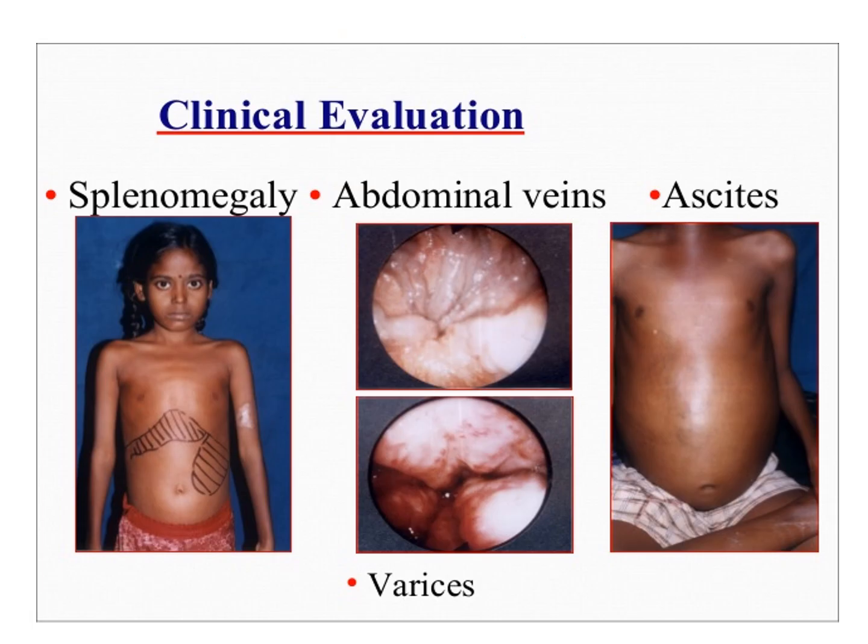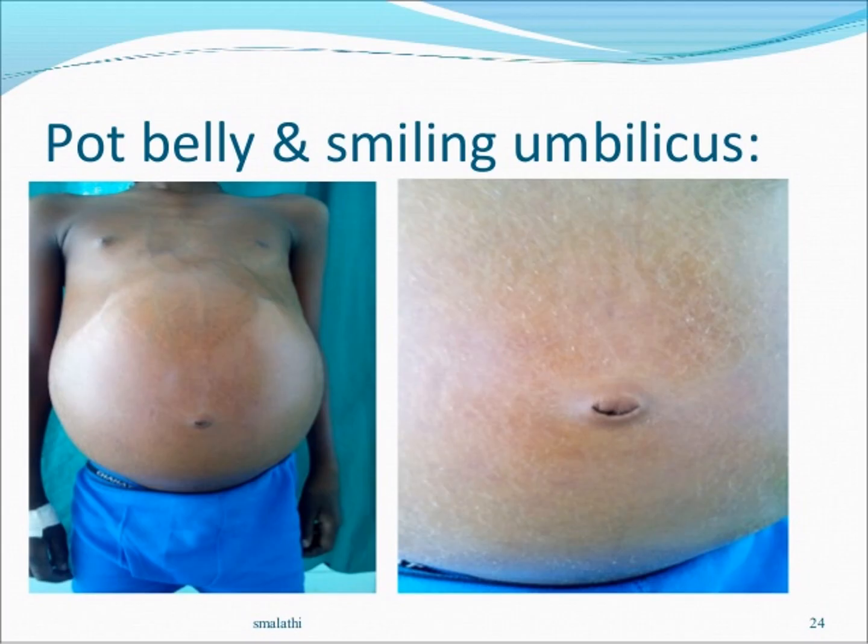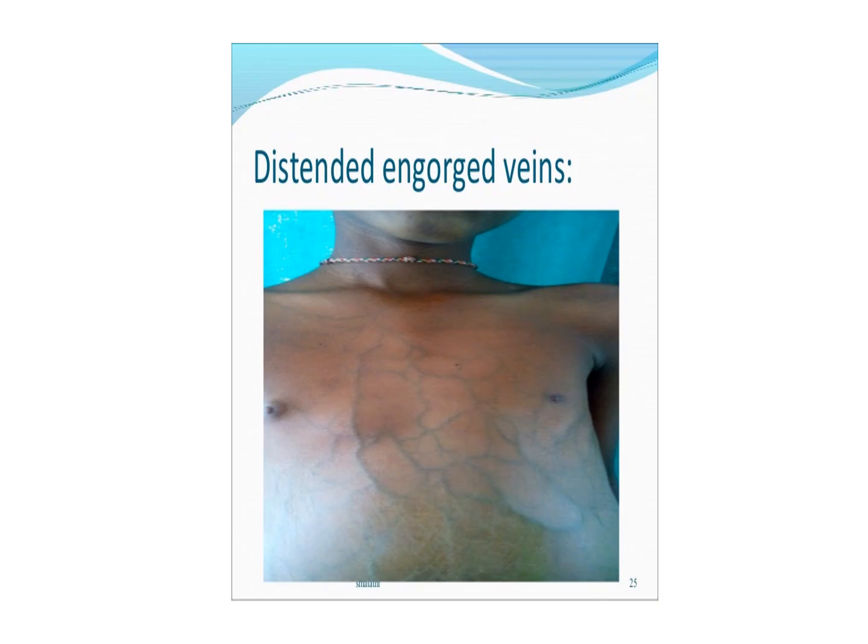Just a few pictures showing splenomegaly, hepatomegaly, and then dilated abdominal veins or varices. These are the varices which bleed ultimately, and this is ascites usually seen in hepatic causes of portal hypertension. Pot belly, because of ascites, there is a smiling umbilicus or everted umbilicus you can see, and all engorged veins due to the vessel obstruction.